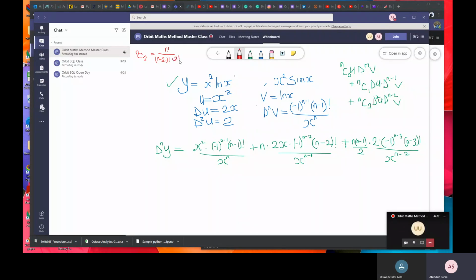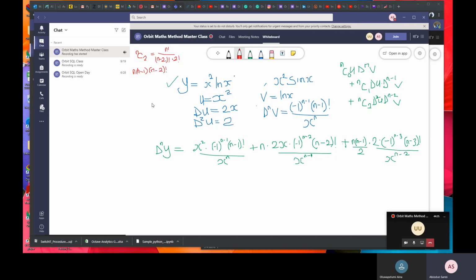Do you agree? Yes. Now, n factorial is still the same thing as n times n minus 1 times n minus 2 factorial.